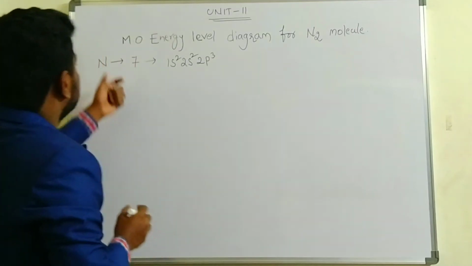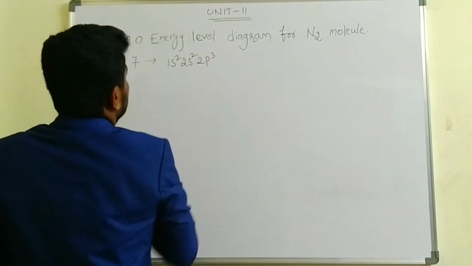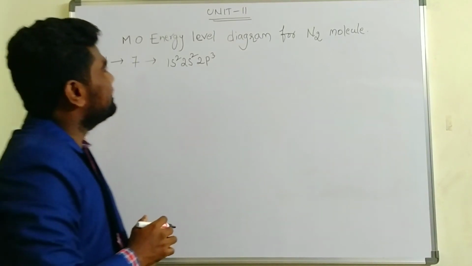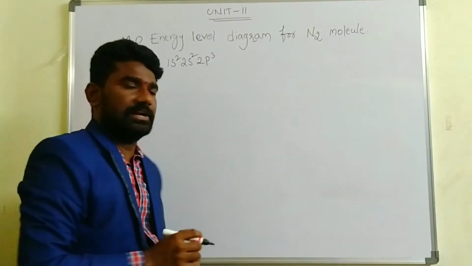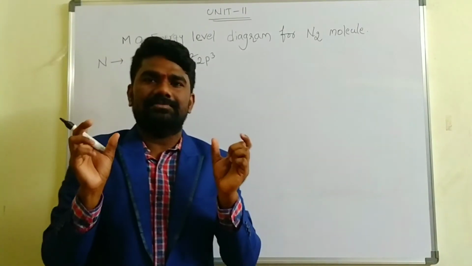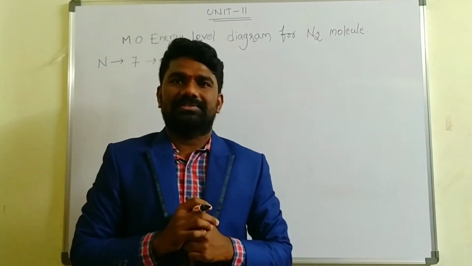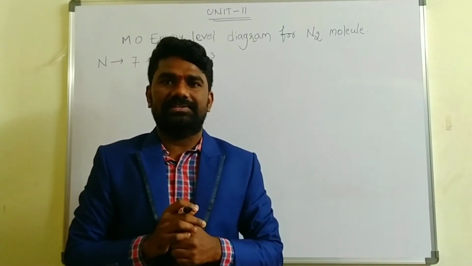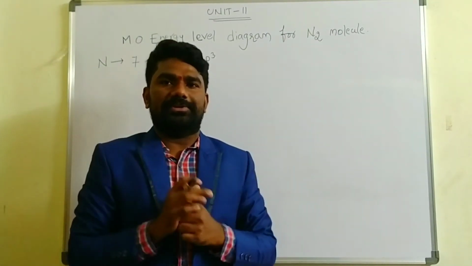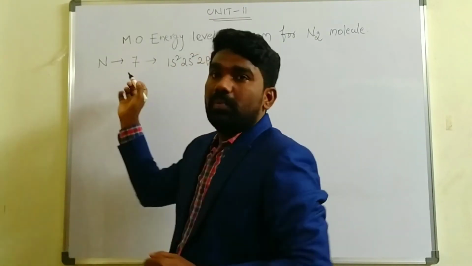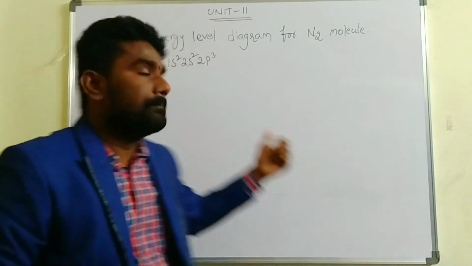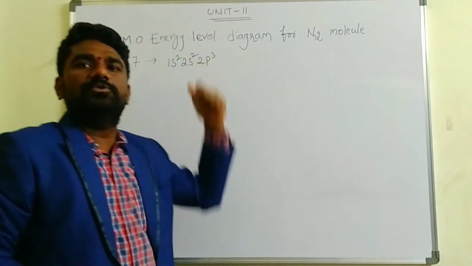Okay, so to construct the molecular orbital energy level diagram for a homonuclear diatomic molecule, here we need to take two nitrogen atoms' orbitals into consideration, isn't it? Here we are going to take two nitrogen atom orbitals. What types of orbitals are there? Here we have the 1s orbital, 2s orbital and 2p orbital.